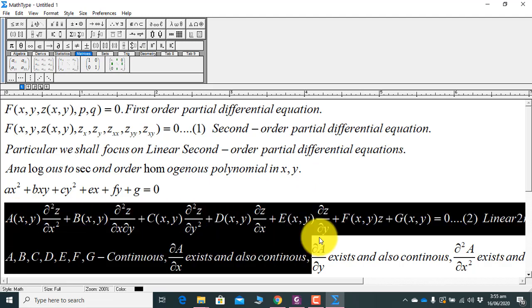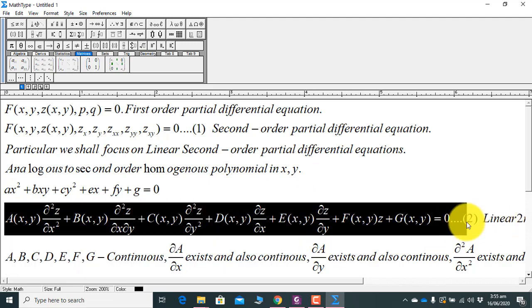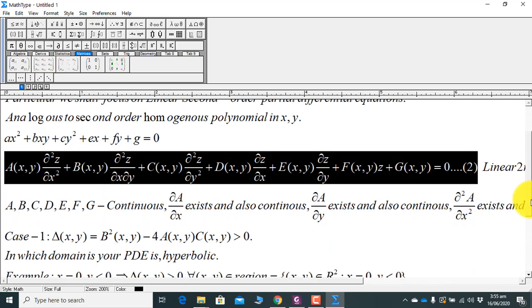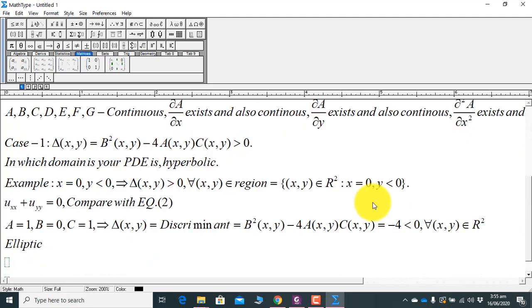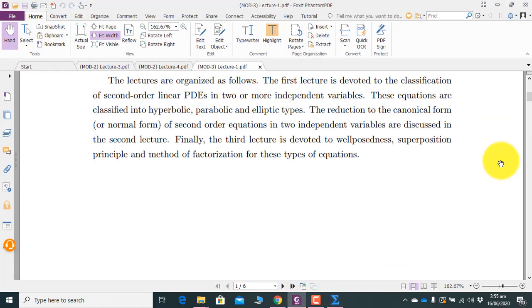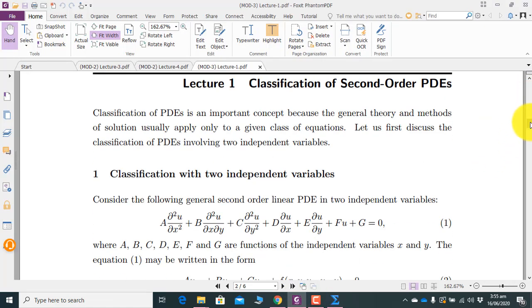This is the standard form for a linear second order partial differential equation with variable coefficients. I am revising what we have studied today, and analogously this equation is a replica of the second order polynomial equation in basic algebra, which was given in the lecture slides as well.